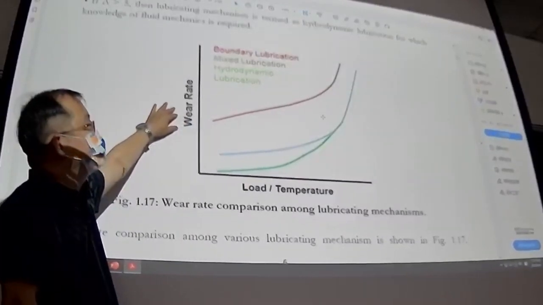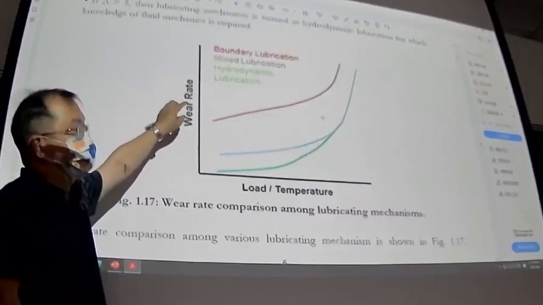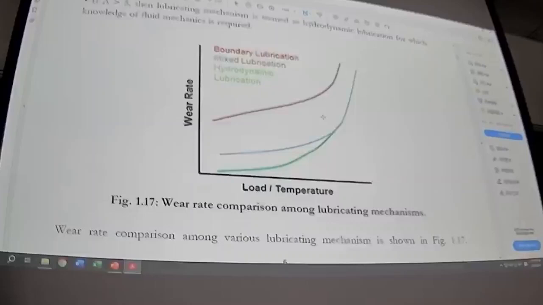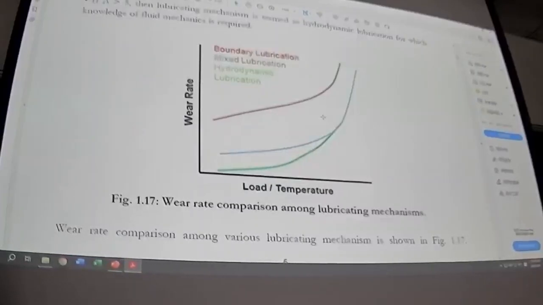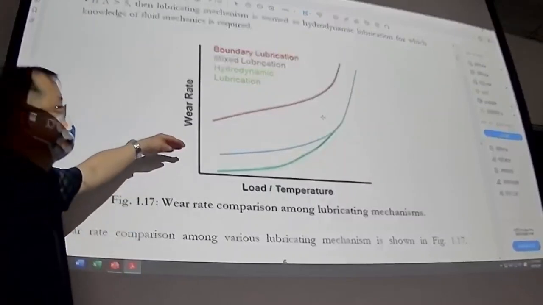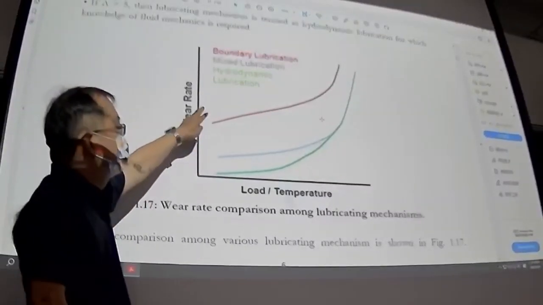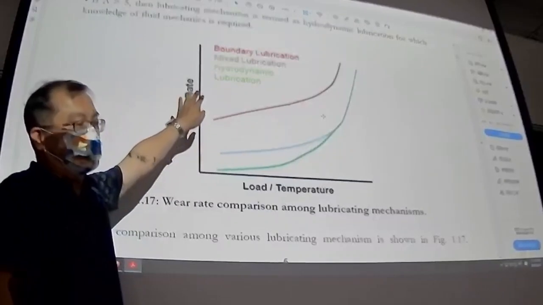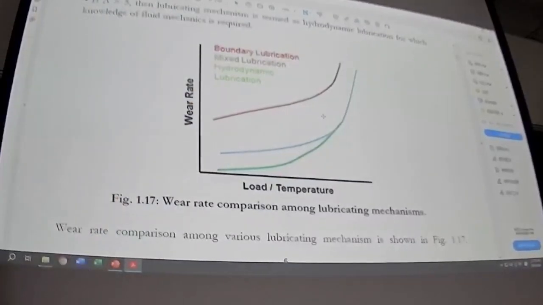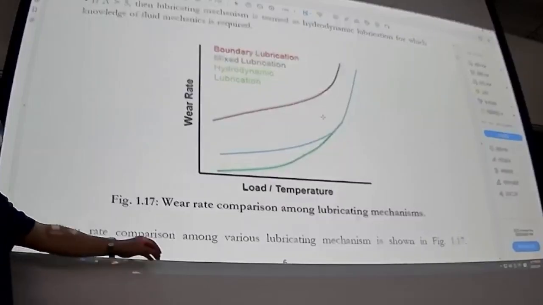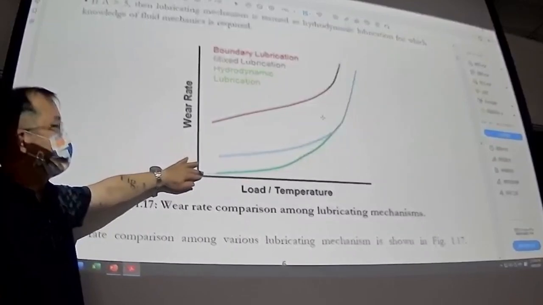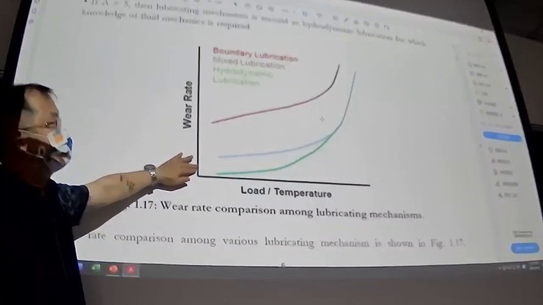Okay, and for mixed lubrication, you have maybe 30 to 40% of the surface still in contact, so you have a medium wear rate. For hydrodynamic lubrication, you have a very thick lubricant film. Therefore, you will have no physical contact, so you have a very low wear rate in this case.